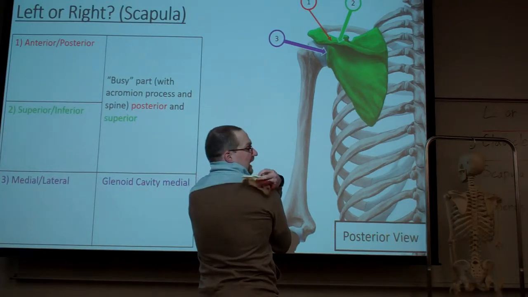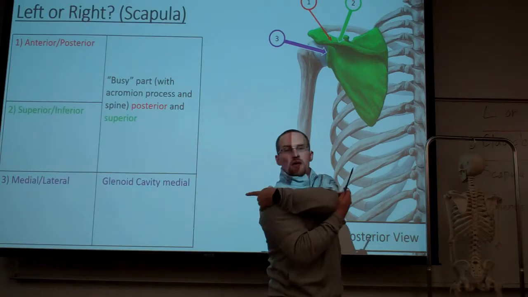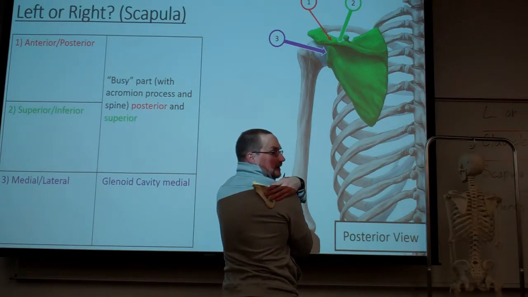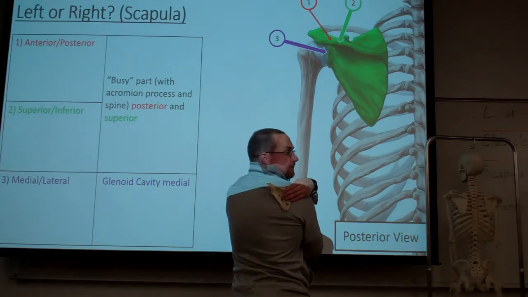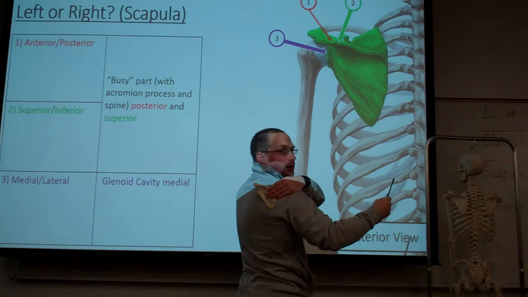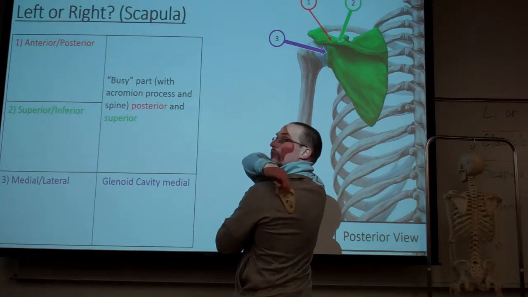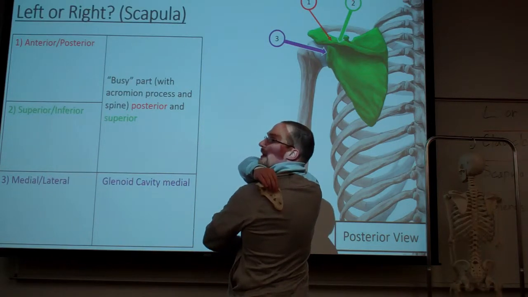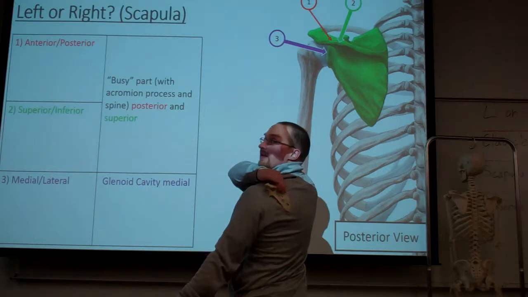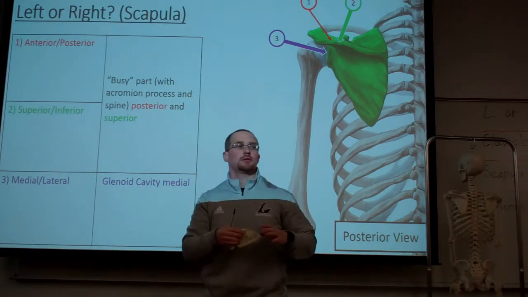So again, I've got busy end superior, it's poking out my back, but if I hold it up to my right side, my glenoid cavity is pointing medially. It's opening up medially. My arm's out here. So that means I know this has to be on the other side. Now it's pointed out. Now my arm can articulate with that glenoid cavity. So right here I would have a left scapula.